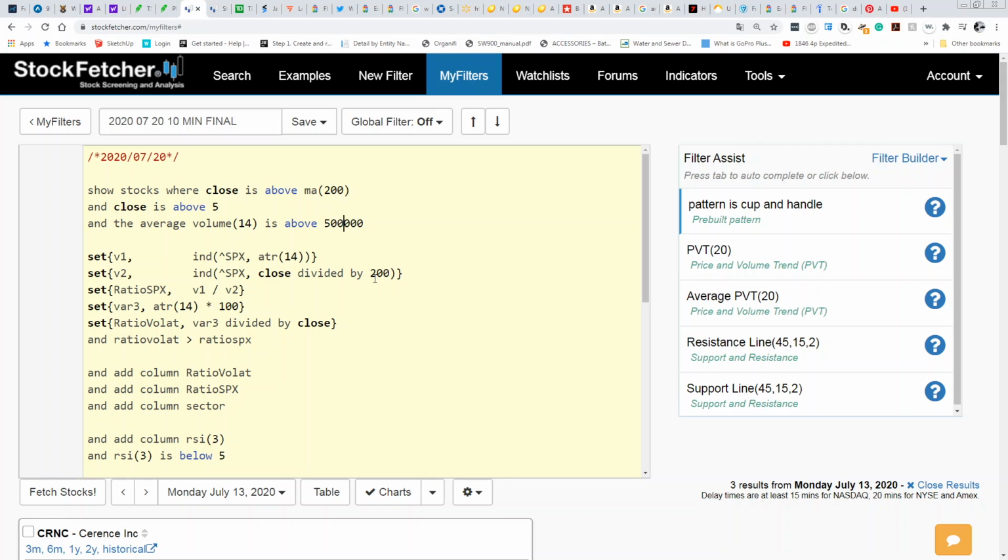Volatility means how much it goes up and down in one day, or in a time period, on a month or whatever. So we want to have more volatility than the S&P 500. We want to find the stocks that have more volatility than the S&P. If the stock is in the S&P 500, it will also find it, of course. But we want better than the average S&P 500 stock.